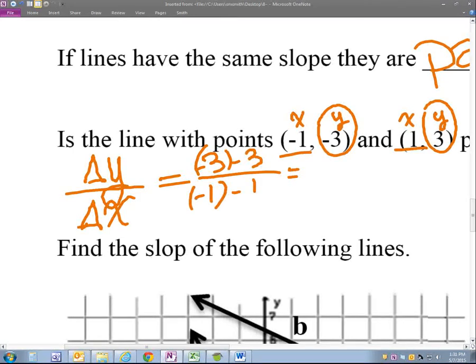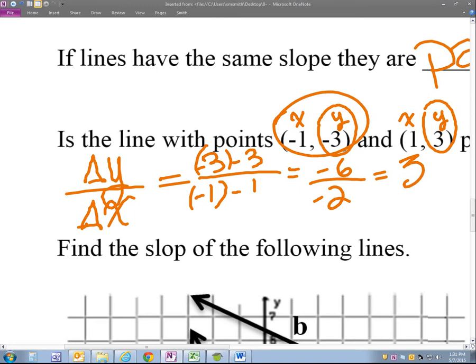Here's those integers coming back at us. So -3 minus 3 is -6. -1 minus 1 is -2. And since that comes out to be a whole number, I'm just going to say that slope is 3. Slope is 3 from this point on a graph to this point on a graph.